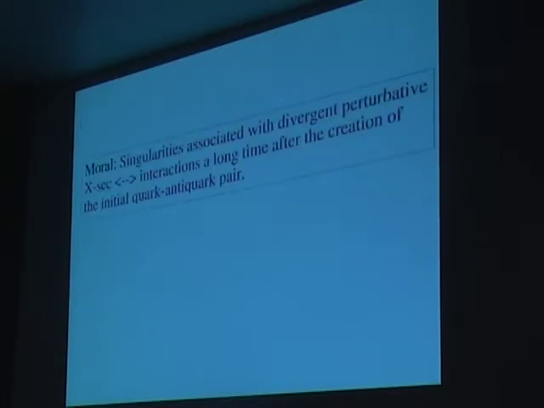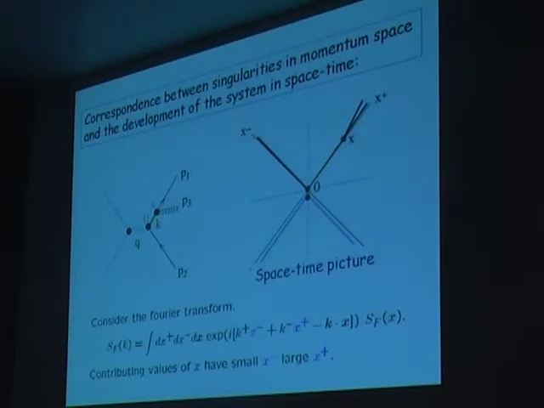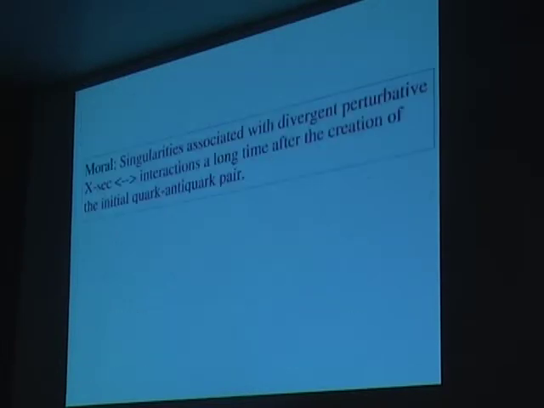What we learn from this simple discussion is that the singularities associated with the divergent perturbation calculation correspond to a long time. That is because in the light-cone description, this is the equivalent of the time variable, and this corresponds to a long time after the creation of the initial interaction at the vertex.